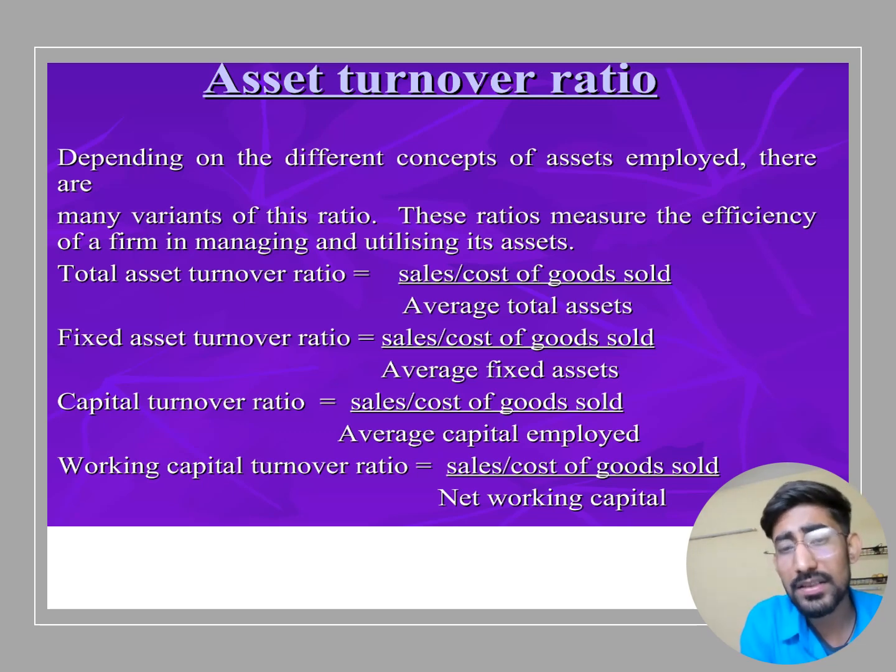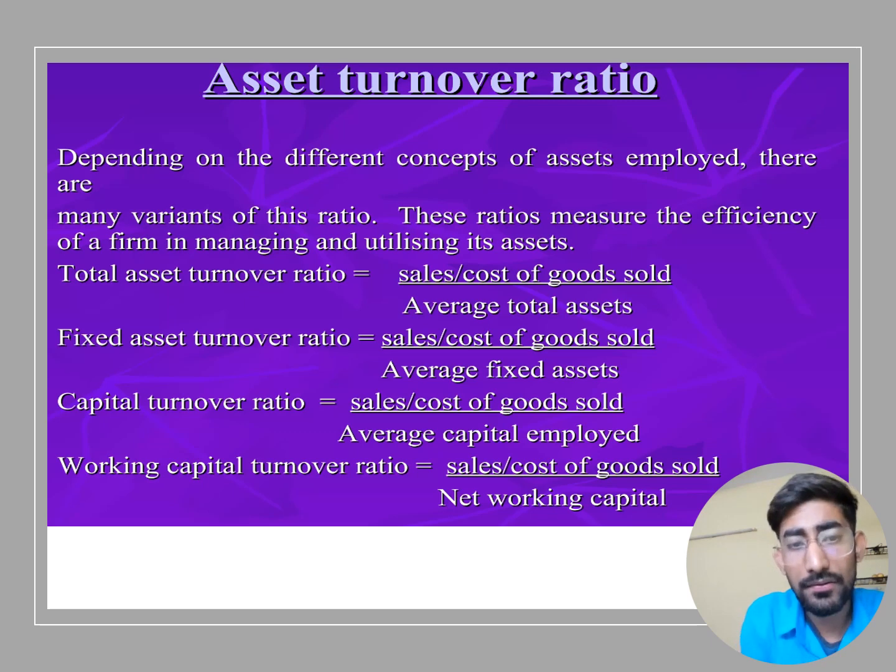It is simple: we use the sales or the COGS, that is cost of goods sold, divided by average total asset. Okay, now I hope you know what cost of goods sold is. If you don't, then kindly revise what cost of goods sold is.